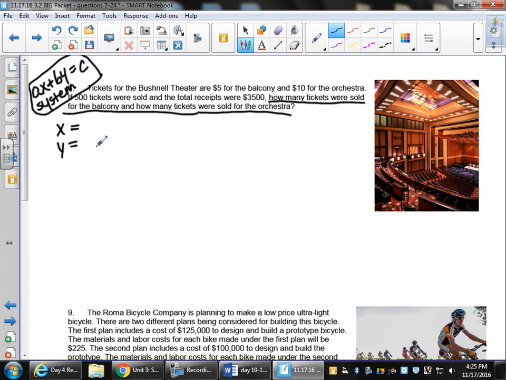How many of something is talking about the number of what? How many tickets were sold? Let's see, how many tickets were sold for the balcony? So X will say number of balcony tickets. We'll have Y be the number of, what's the other kind of ticket? Orchestra?